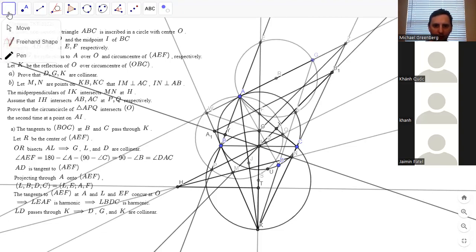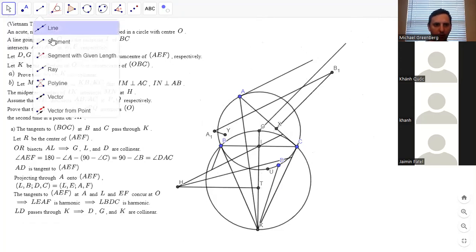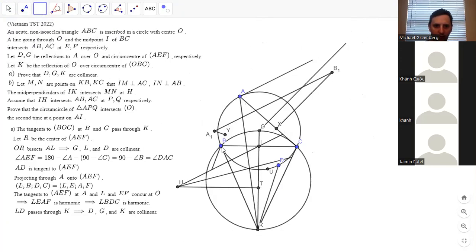Let me see what that looks like so far. So we have triangle KA1B1. Let me hide some of the other stuff here.